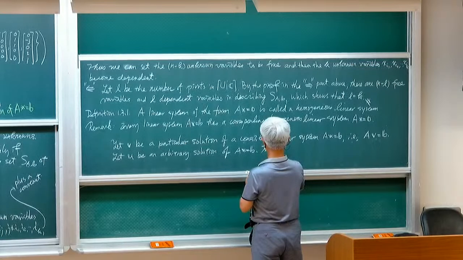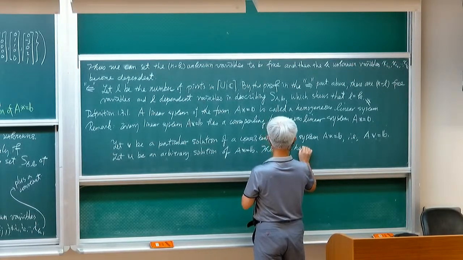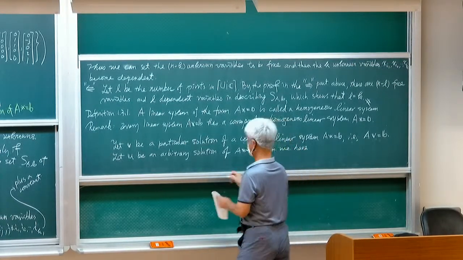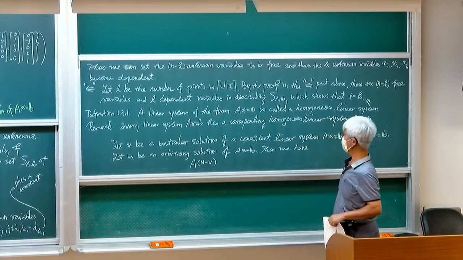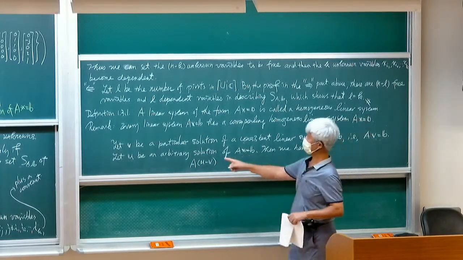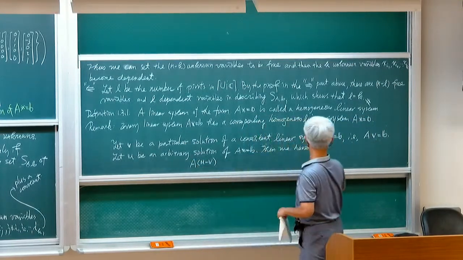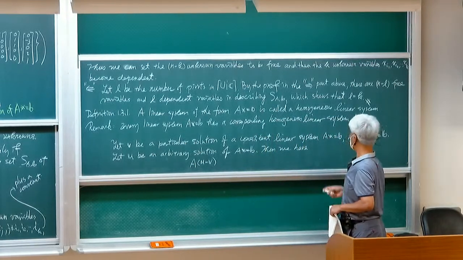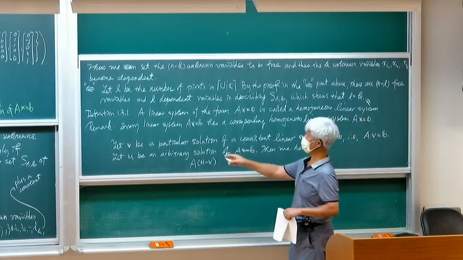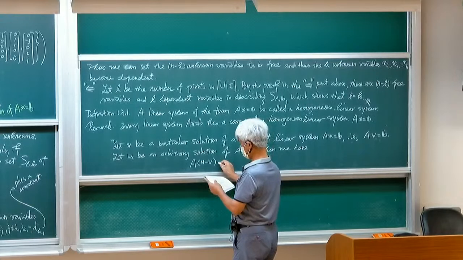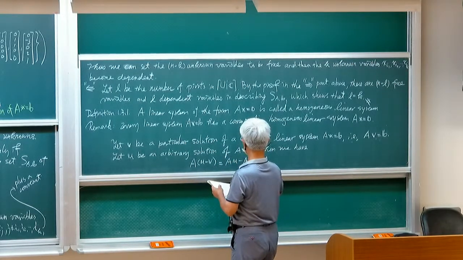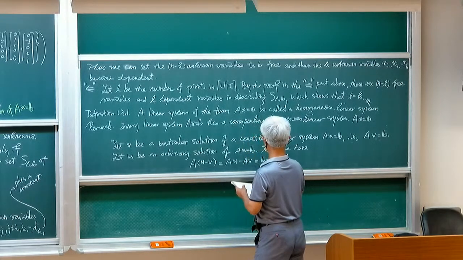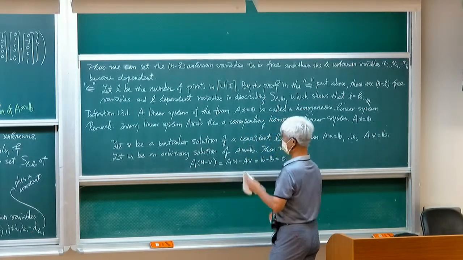Then we have A multiplied by U minus V. All right, so we take the difference between U and V. And we find that this is AU minus AV, and this is B minus B, and this is 0.